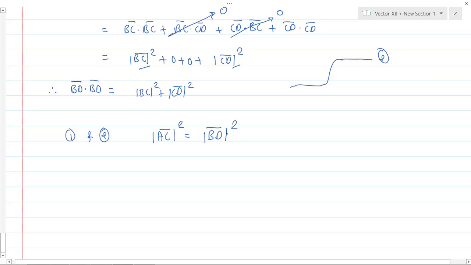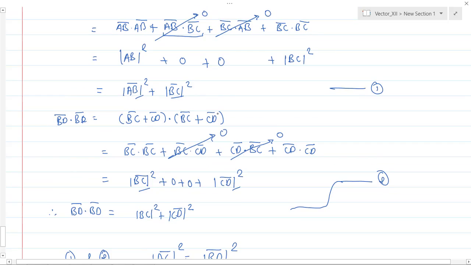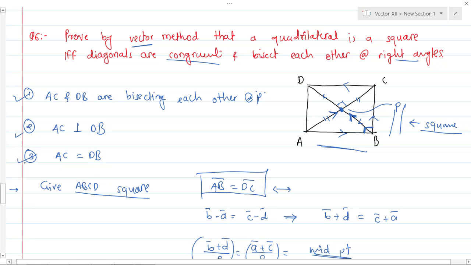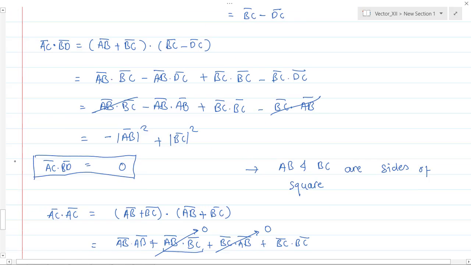So in this way we have proved that the length of AC and the length of BD are the same. Hence the third part is also proved. Remember that. If you understand this one question, all your concepts will become clear. So make sure that you understand this question. Okay, perfect. Now let's see the next one.